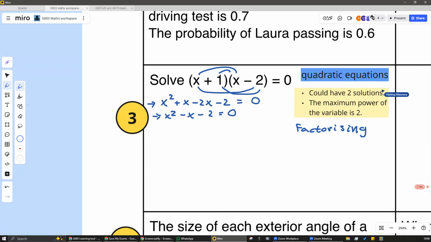So what I do when I want to factorize, and this only works when the coefficient for x squared is 1. In other words, there's only 1 x squared rather than 2x squared or 3x squared.